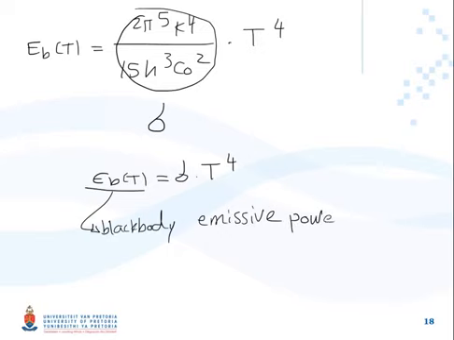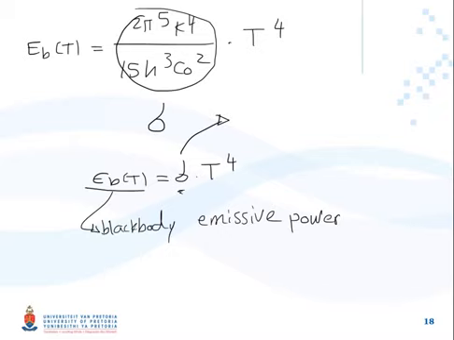So what we did is we did the integration for all the wavelength to get from spectral black body emissive power to black body emissive power. So the black body emissive power just is a function of temperature, nothing else. Like a constant multiplied by temperature to the power of 4.